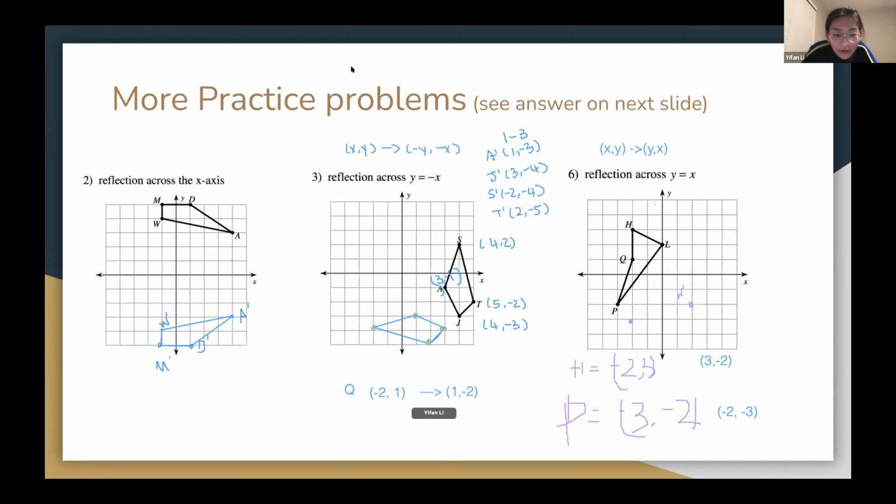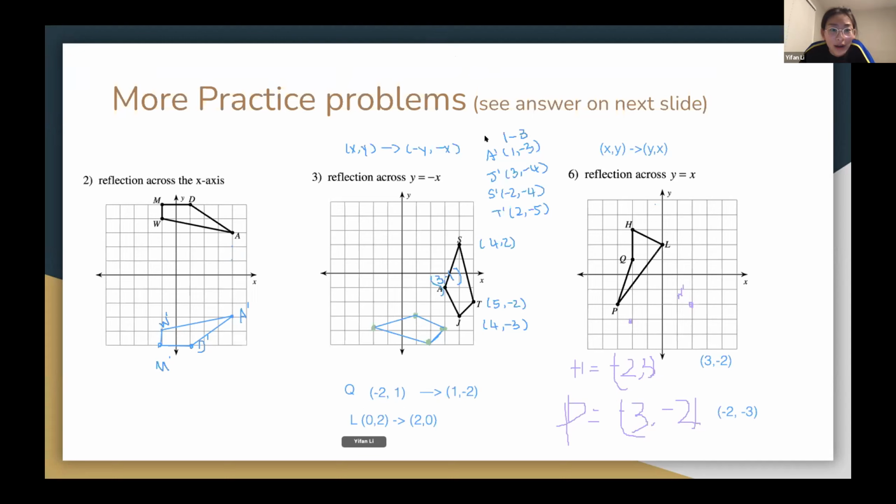For letter L, it's 0, 2, and it will be 2, 0.